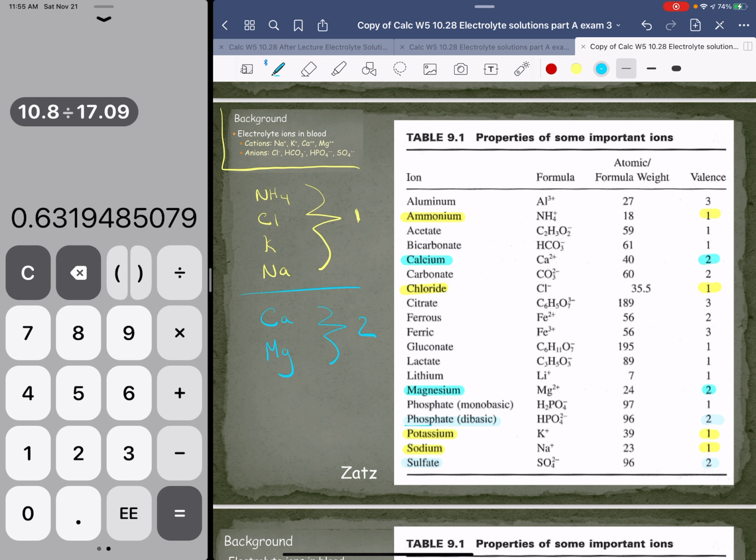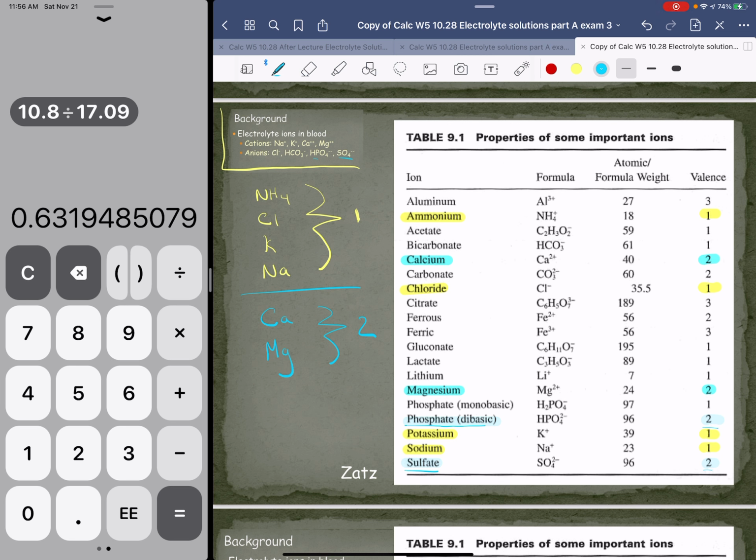And you can see that I also did highlight the phosphate and the sulfate. They have valences of 2 because those were anions found in the blood as well. But we're going to be able to find that information from our cations anyways.